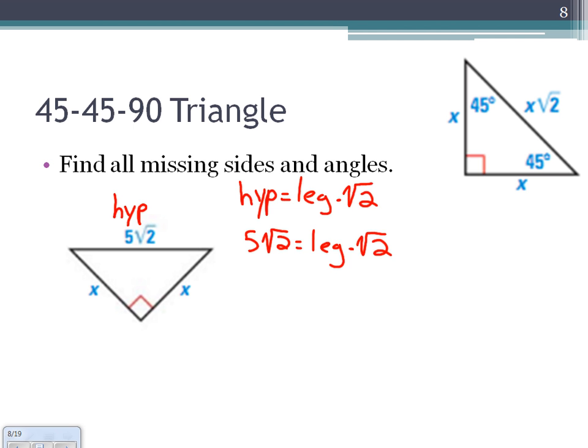We plug in for our hypotenuse. Can everybody get to this step? Everybody okay with this step? Okay. We want to find out what the leg is, correct? You could have put an X there. That would have been fine. I probably should have. Let me put an X there.